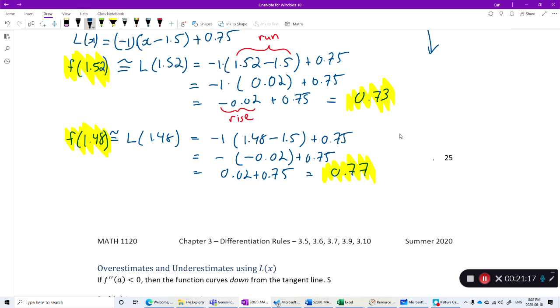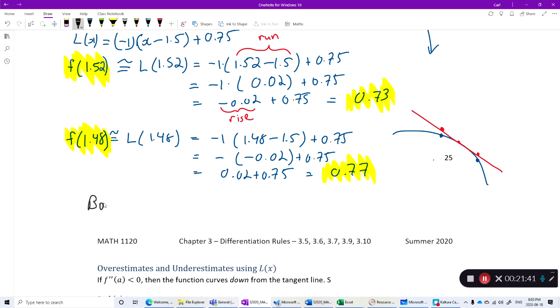The blue curve looks like that, and the tangent line is actually above it, right? So the tangent line approximations are going to be higher than the actual function values. That's kind of just a conceptual picture here. The red dots are too high.